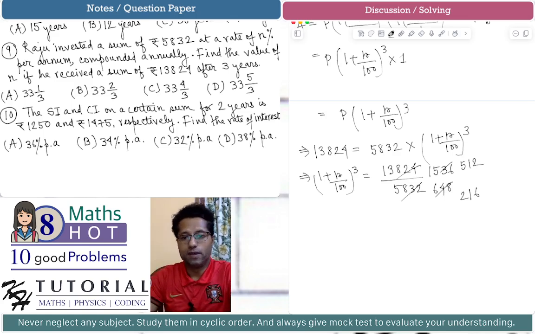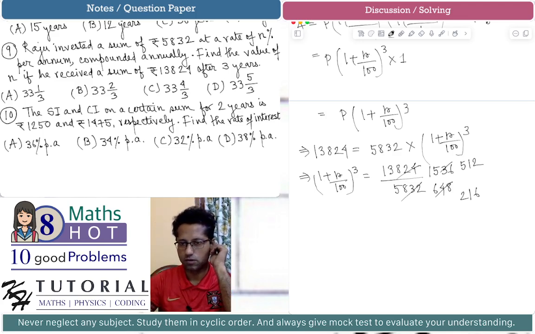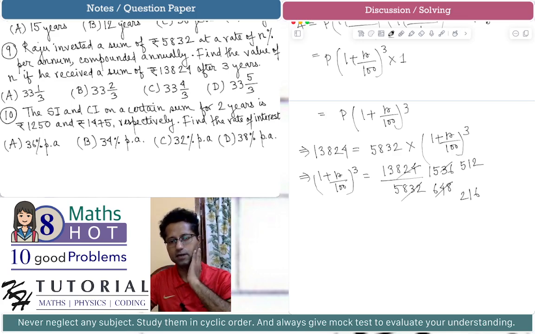Okay, so on the left hand side we have an exponential term with the power 3. To solve for r in the base, we have to express the right hand side as an exponential term where the power is 3.